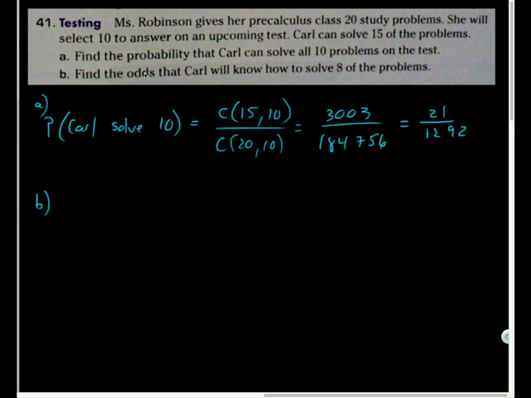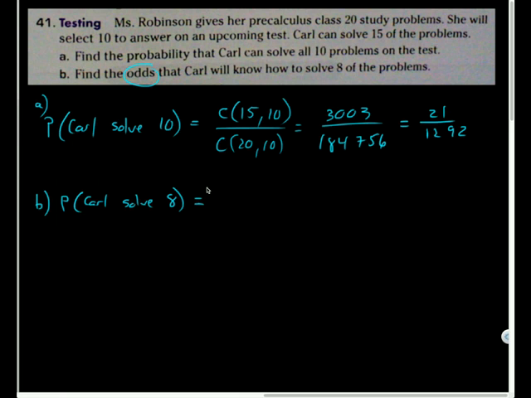Let's look at part B. First of all, part B, I notice, is looking for odds, so I don't want to misanswer the question by giving probability. However, I'm going to start with probability because often that will be very helpful for us. Carl solves 8 problems. All right.